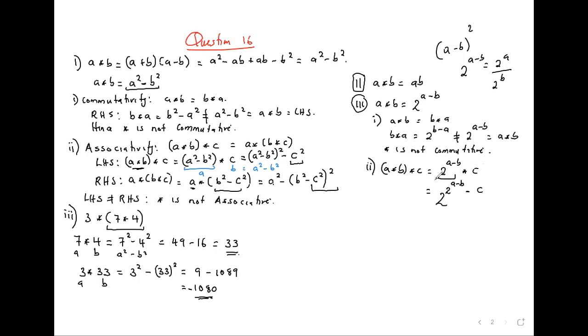So you need 2, which is this 2, and then a minus b. This is the a, this is the b. Of course, when you arrange this, if you get a star b star c, you have a star 2 b minus c, giving you 2 a minus 2 b minus c. Not associative.